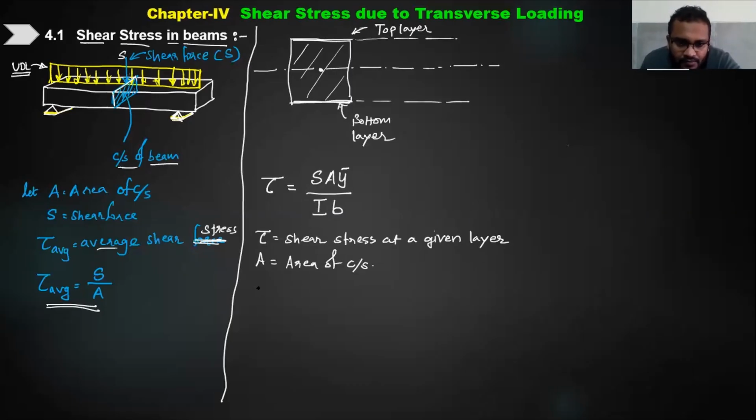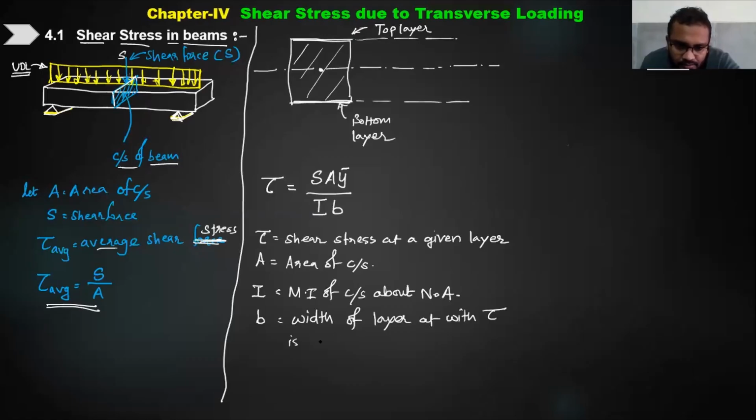I is the area moment of inertia of the cross section about the neutral axis. This you already know. B is the width of the layer at which tau is being calculated, that is, the width of the layer where you are calculating tau.